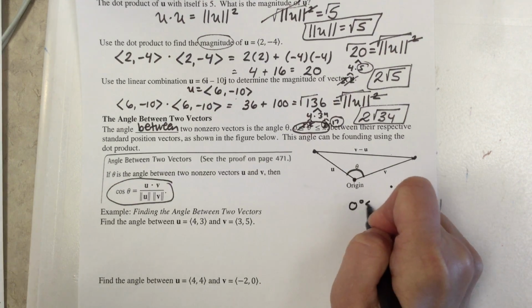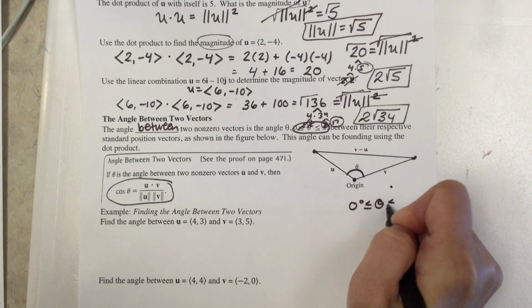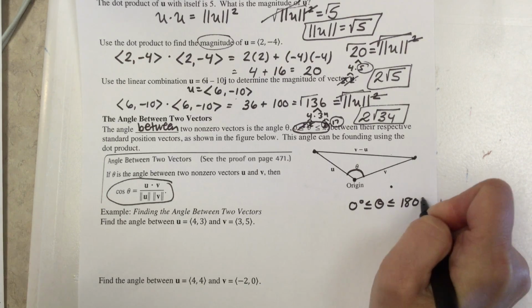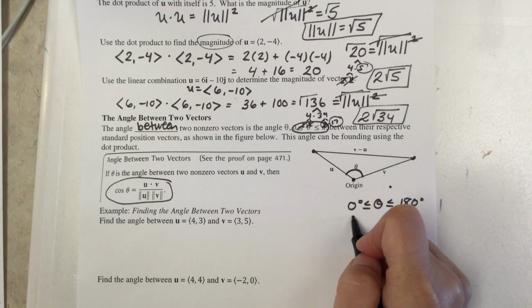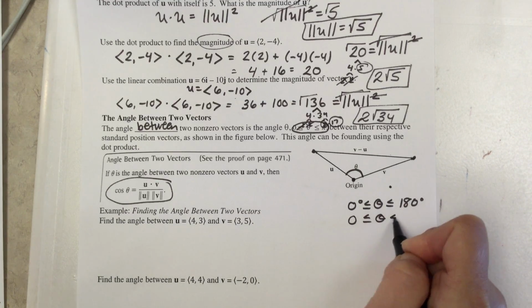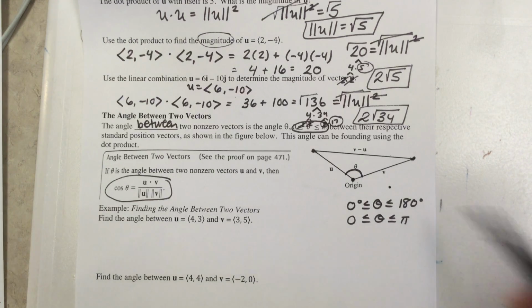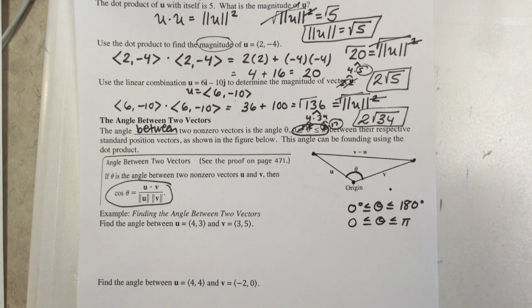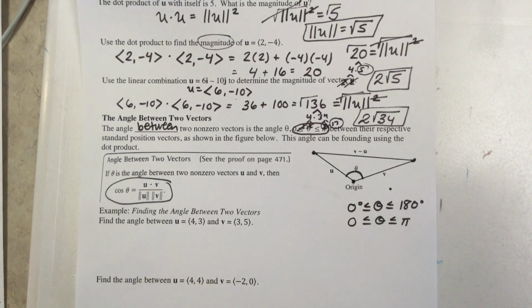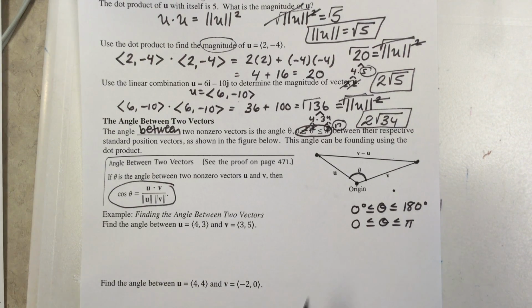So we have to go in between and including 0 and 180 degrees. Degrees or radians, however you want to work with it, just make sure that your calculator is matching how you want to calculate your angle, okay?